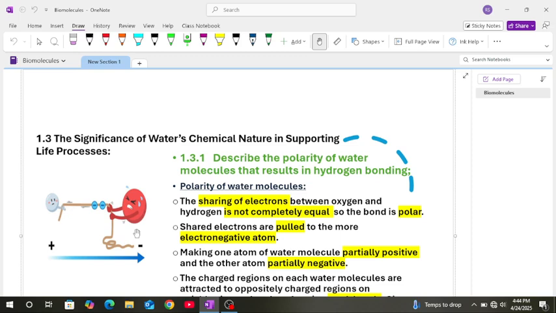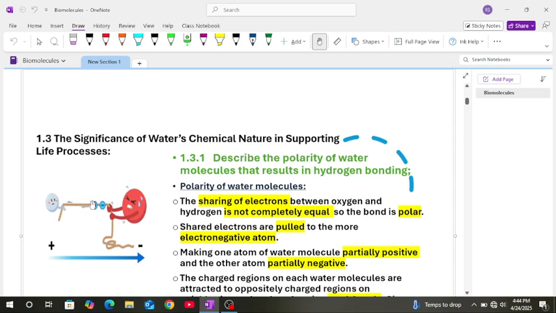Now, if we want to understand this particular concept, what is this polarity? Polarity means the process where the creation of charges or poles occurs. As we can see here, positive charge and negative charge. This particular atom is oxygen. It is exerting force on the hydrogen atom, and it is stretching the electrons of the hydrogen atom.